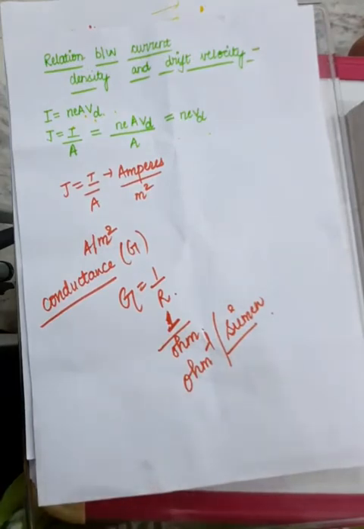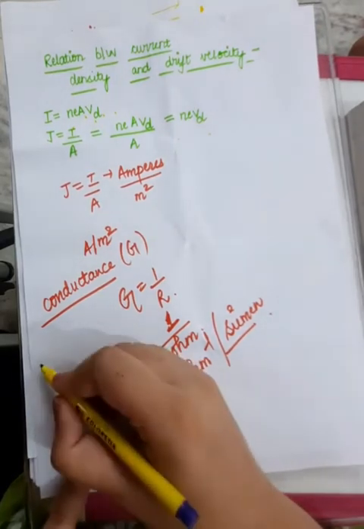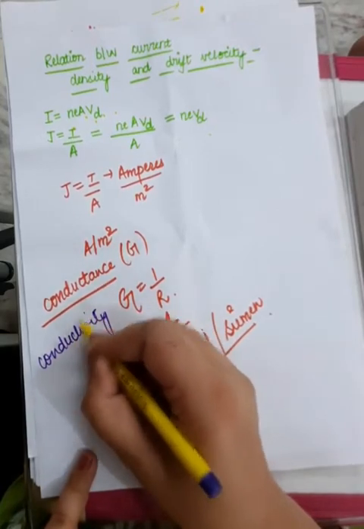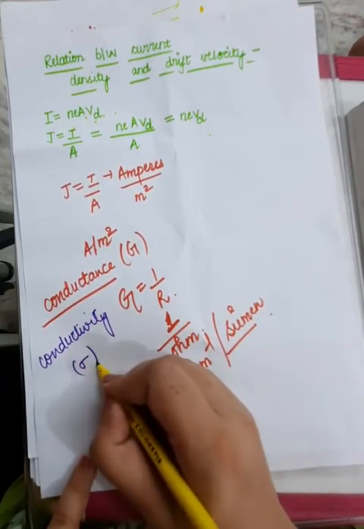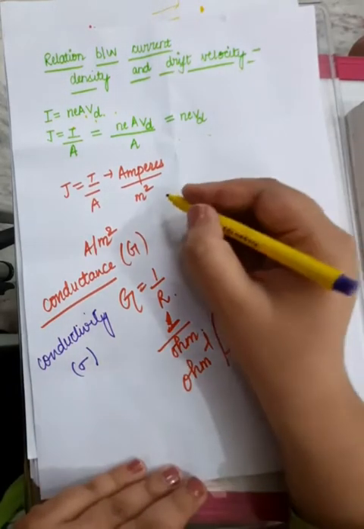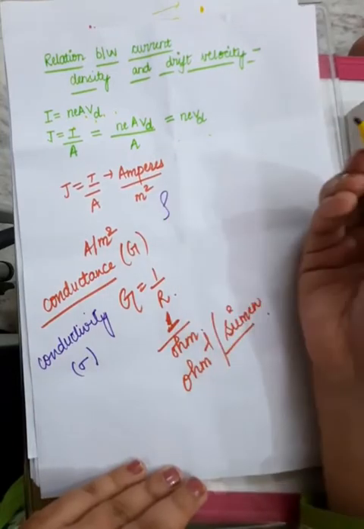After that, we'll be studying electrical conductivity. Electrical conductivity is represented by the symbol sigma, and this sigma is the opposite of resistivity. Remember resistivity, which is denoted by rho.